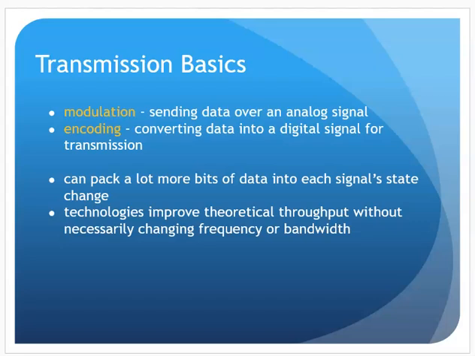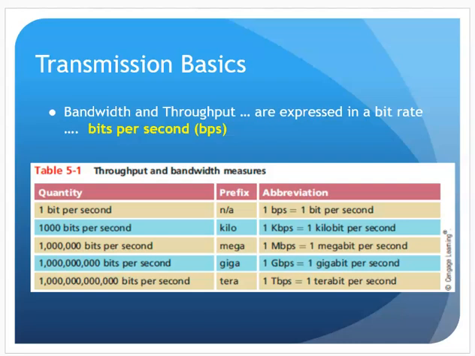So by using different modulation and encoding techniques, you can improve your theoretical throughput without necessarily changing the frequency or the bandwidth, getting more bits through per time. That's why we have a lot of these different technologies used to send data from A to B, using different modulations and different encodings to get more bits through per change in frequency state.